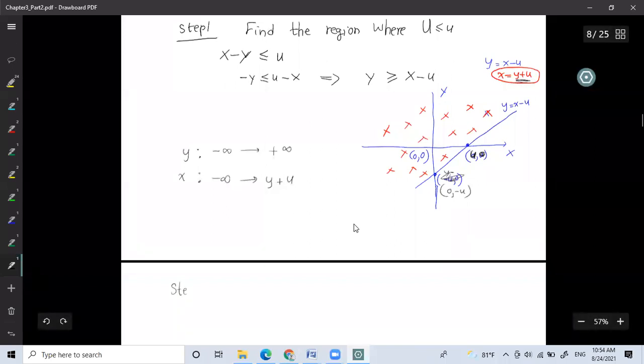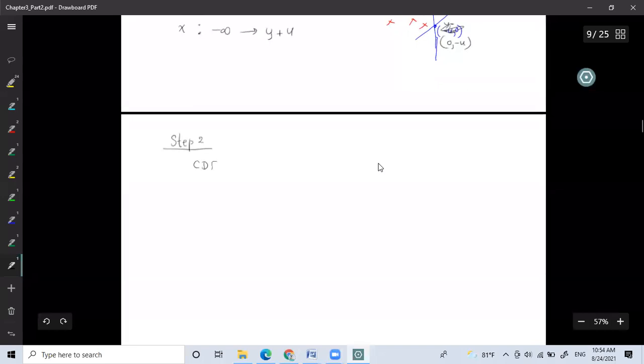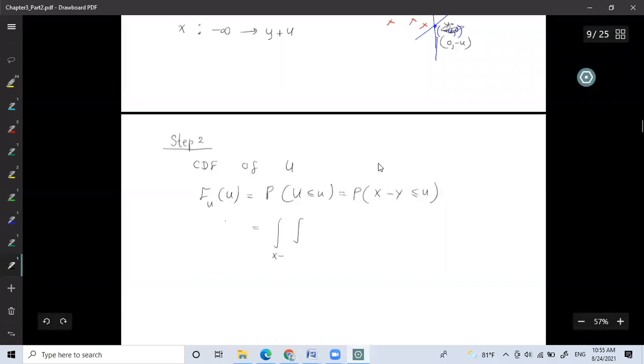Okay, right, here's the second step. We are going to write the CDF of u. We start with the definition. U is x minus y. So that will be the double integration over x minus y less than or equal to u, of the joint density of x and y.